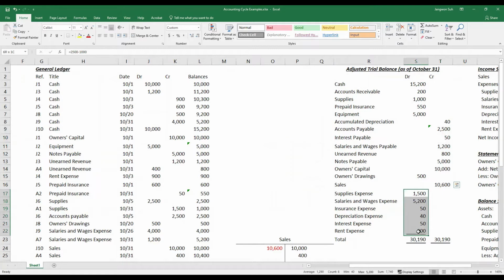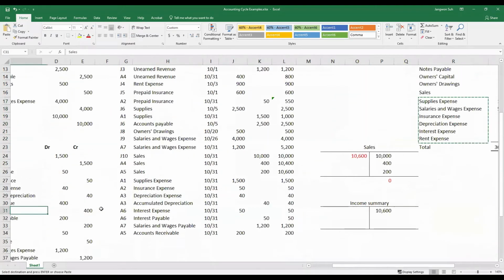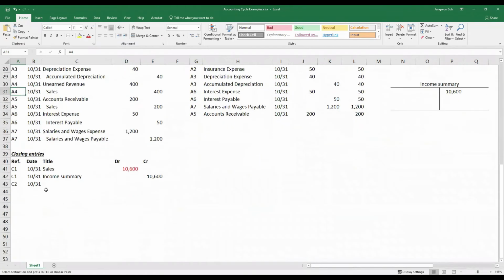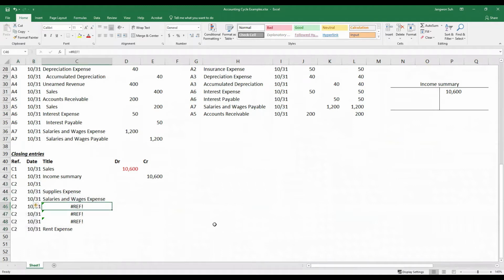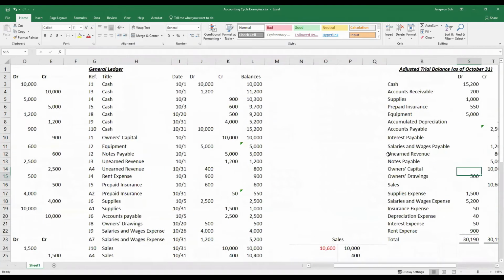So to make them zeroed out, you need to credit them. Yes, we need to credit. Something is off. We need to credit.